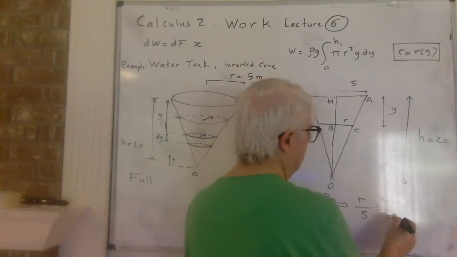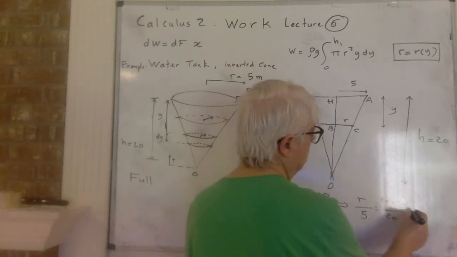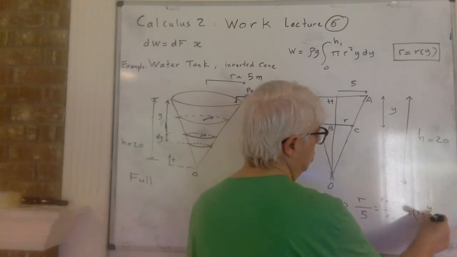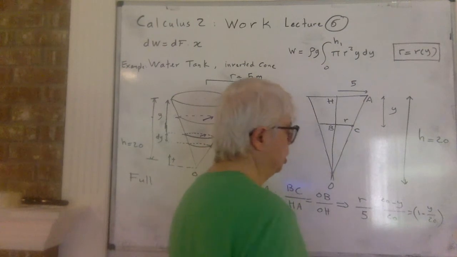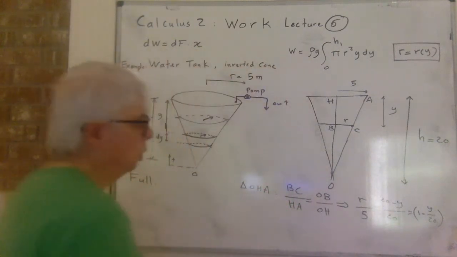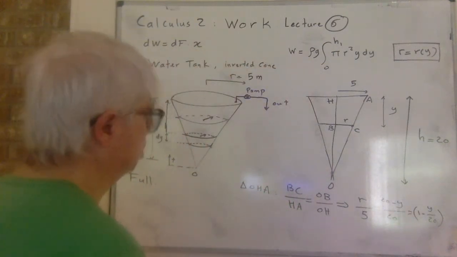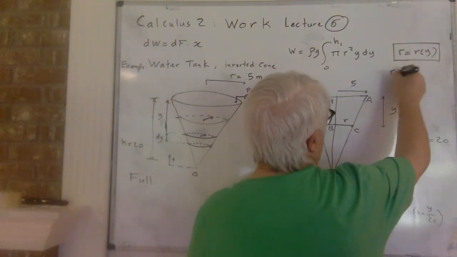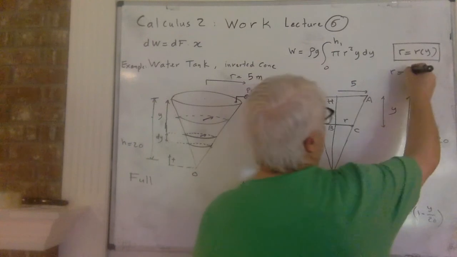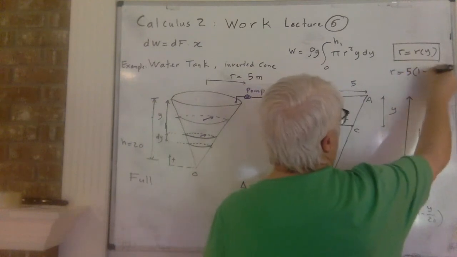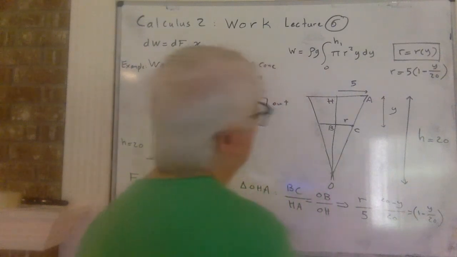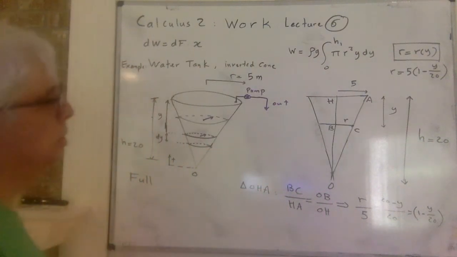So I can write this by dividing, so I have 1 minus y over 20. Now it's better to write it like this. So what is r then? r will be 5 times this. So r is 5 times that.